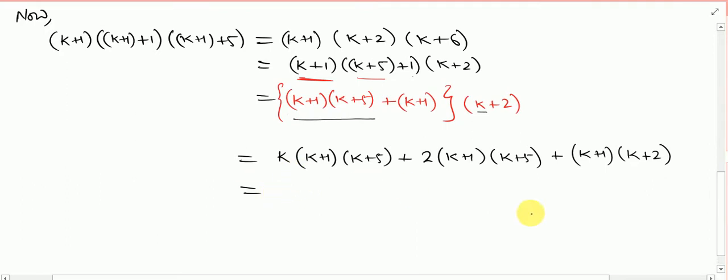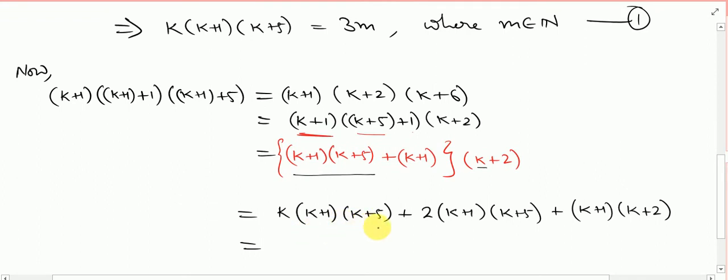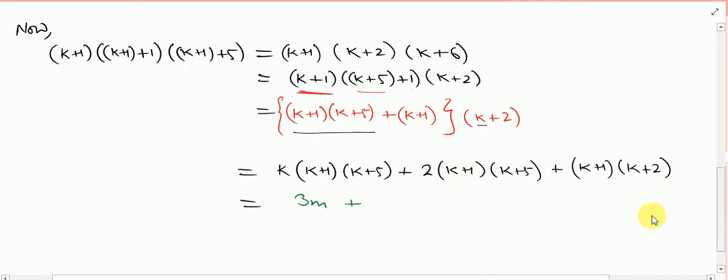Now in place of k plus 1 into k plus 5, I can put 3m. So I'll write 3m, and for these two, k plus 1 is common, so I take that out, and I'm left with 2 times k plus 5 and k plus 2.